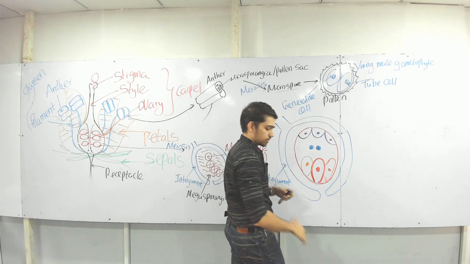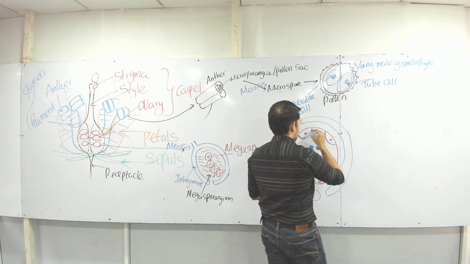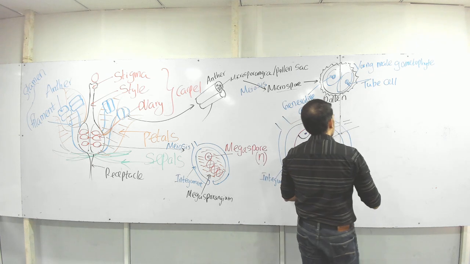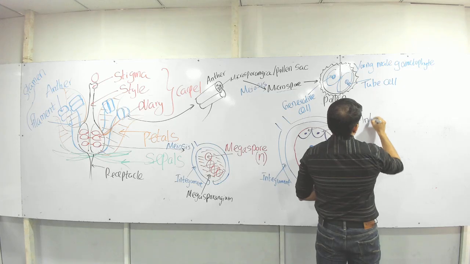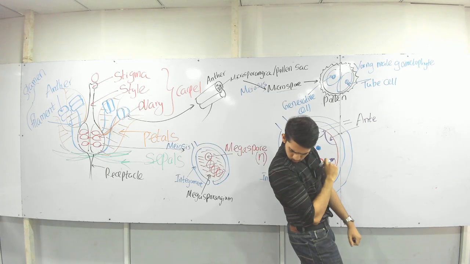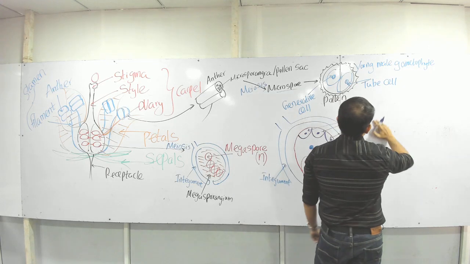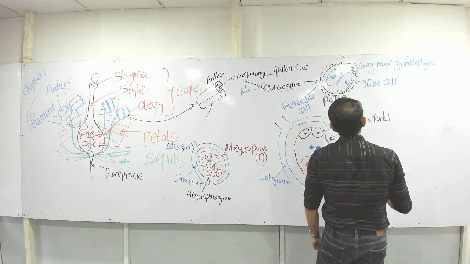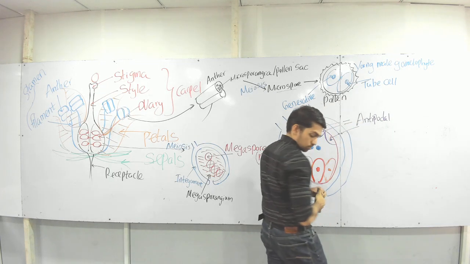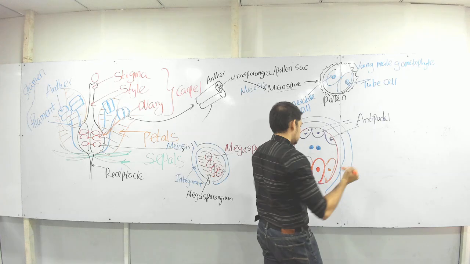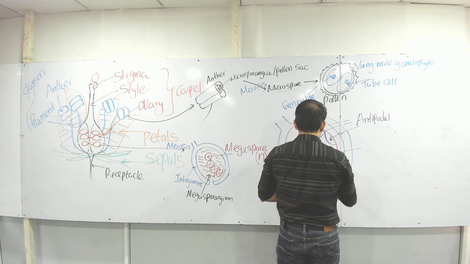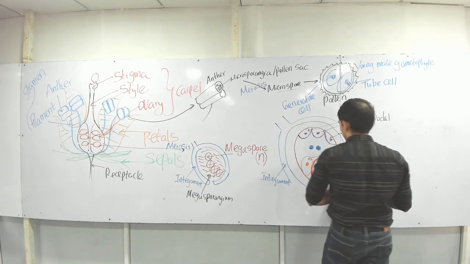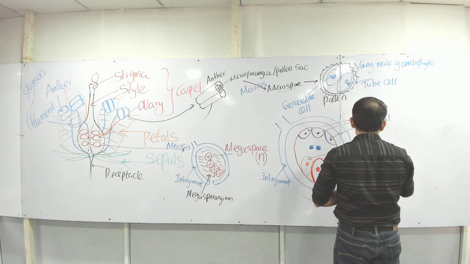Let's label each of these cells. You need the names of the cells, right? These purple color cells are what? Antipodal cells. These orange ones are called synergids.